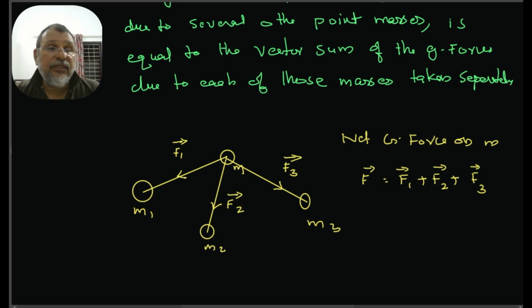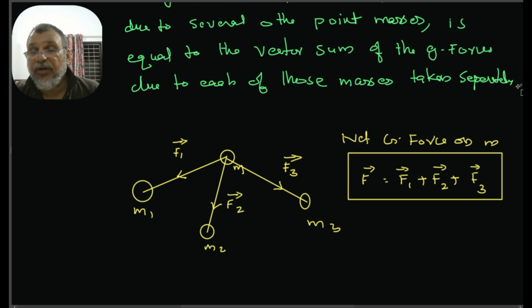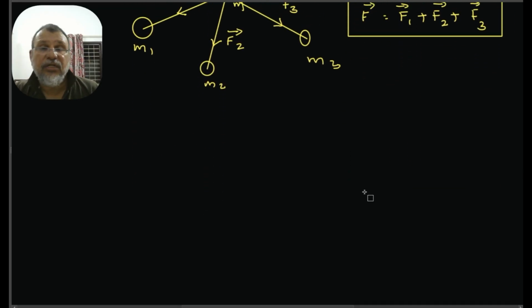So this is the actual technique to work out the net gravitational force on a body due to different other bodies. Here you need to add them as vectors, just remember that. Let's do a simple example.